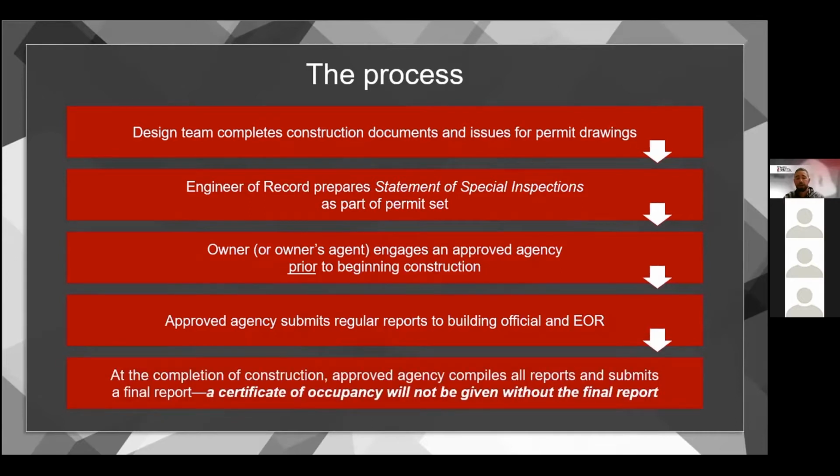And then at the completion of the construction, the approved agency will compile all those reports and submit a final report. That final report is then reviewed and approved by that engineer of record. And then all of that information is then submitted to the building code official or the jurisdiction. And then a certificate of occupancy will not be given without the final report being submitted. At least it should not be given.